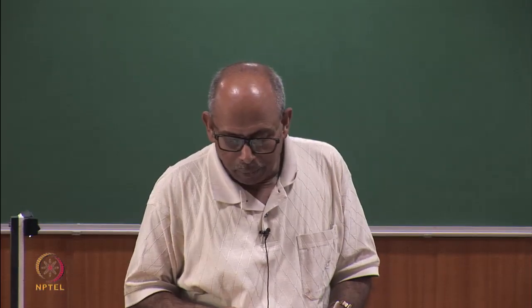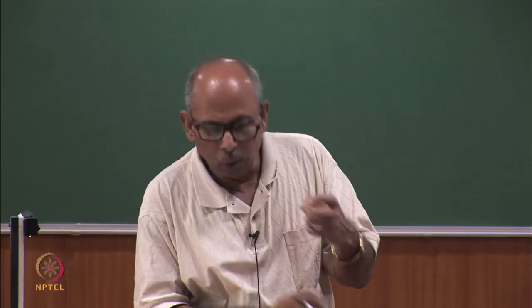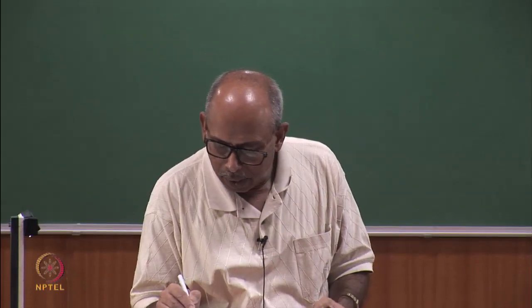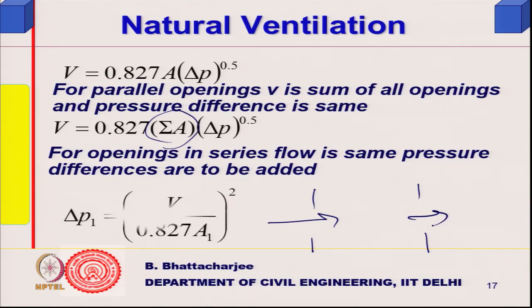So, for all windward located windows, sigma A will be the sum of the areas of all windward located windows, right. For openings in series, flow is the same, but pressure difference is different, because whatever is coming in must be going out. So, one window here and one window there, whatever comes in will go through. So, flow is same, but delta Ps are different, right. So, it is nothing but the series equation.